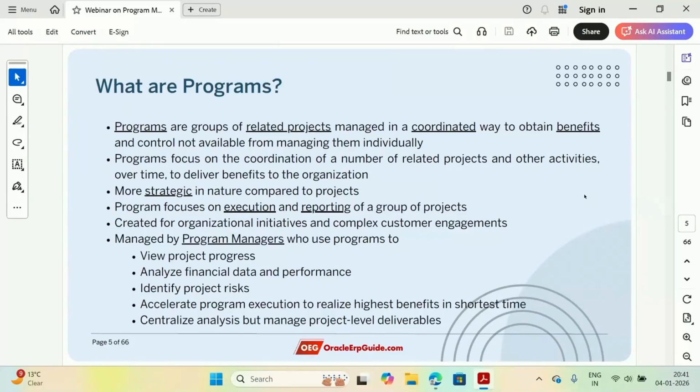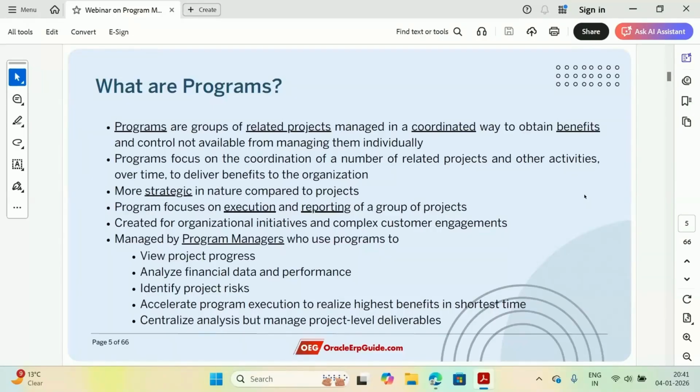If you manage those projects individually, you may not be able to get the benefit which you can get from managing the program itself. So program focus is on the coordination of a number of related projects and other activities over time. The objective is to deliver the benefits to the organization.